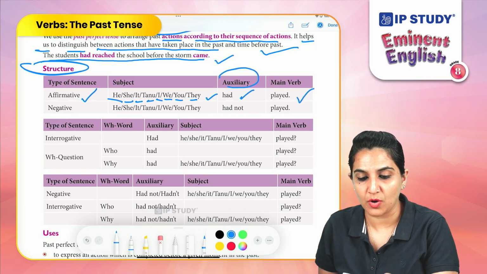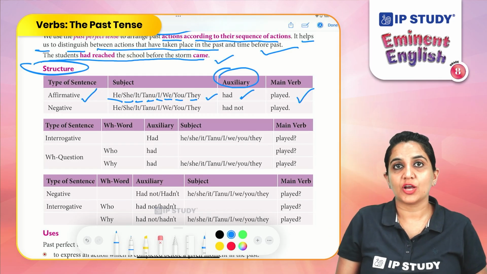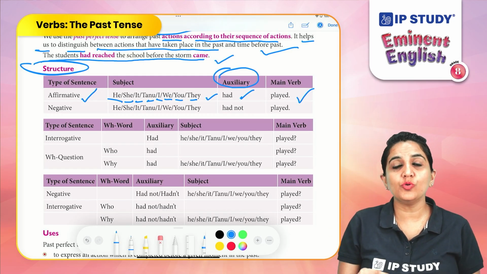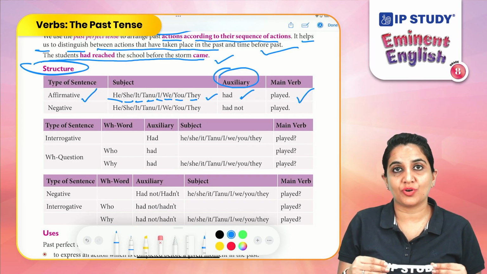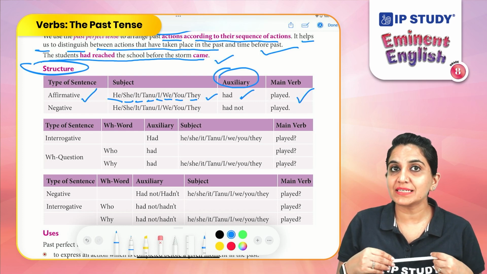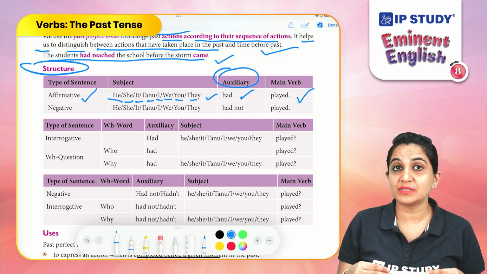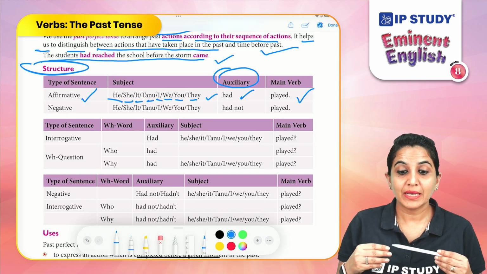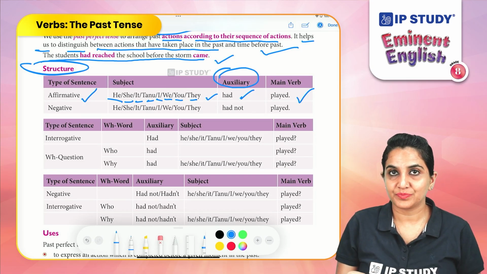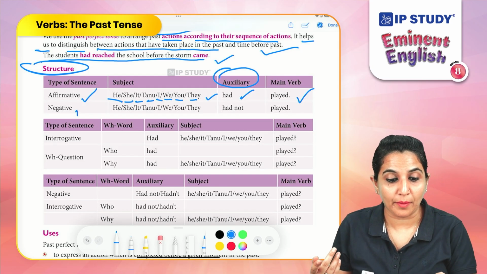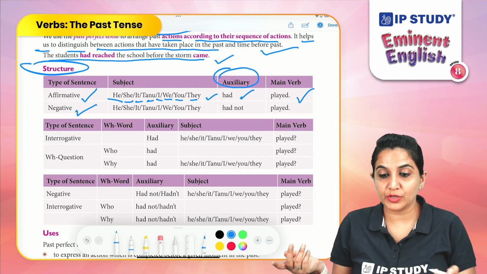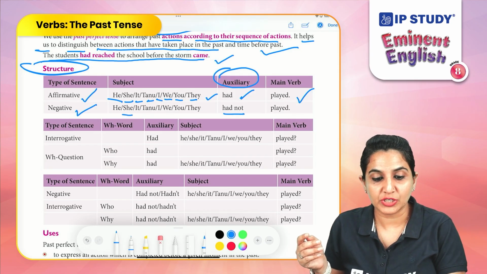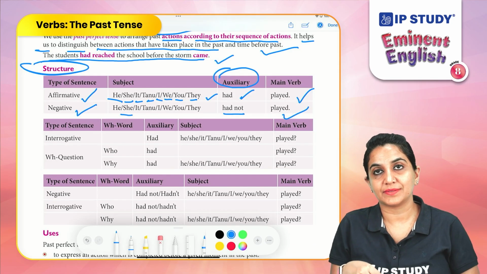So we use the auxiliary verb had or had not to establish the structure of past perfect tense. And we always use the past participle of the main verb. So he had played. To form the negative sentences, we use had not, she had not played.